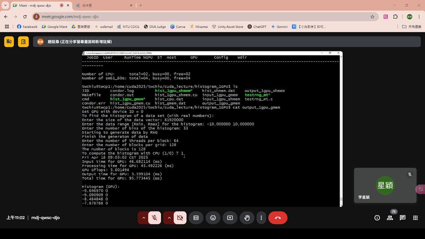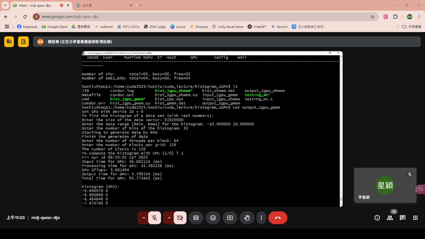For the GPU, the processing time is 45 milliseconds, and the input time is 46 milliseconds. The output time is 3.5 milliseconds, because the output is only the histogram, so it's not too many.